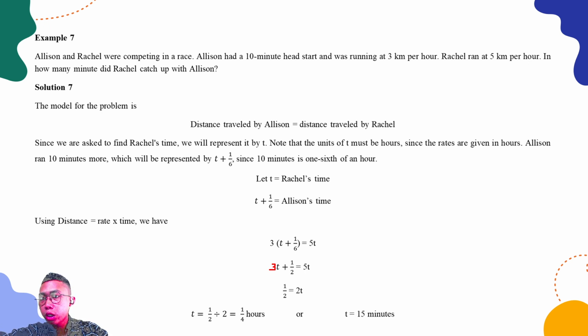The solution is, the model of the problem is: distance traveled by Alison is equal to distance traveled by Rahel. Since we are asked to find Rahel's time, we will represent it by t. Note that the unit of t must be hours, since the rate is given in hours.